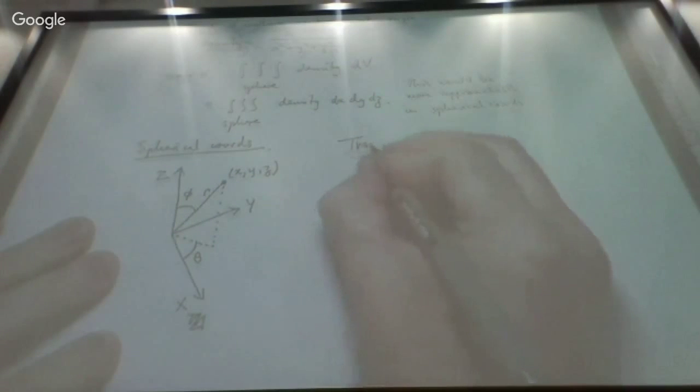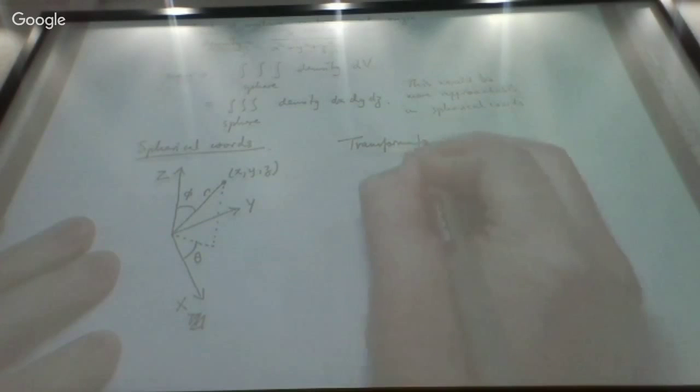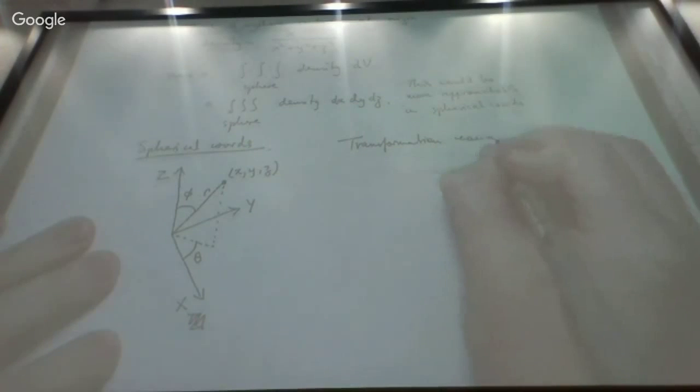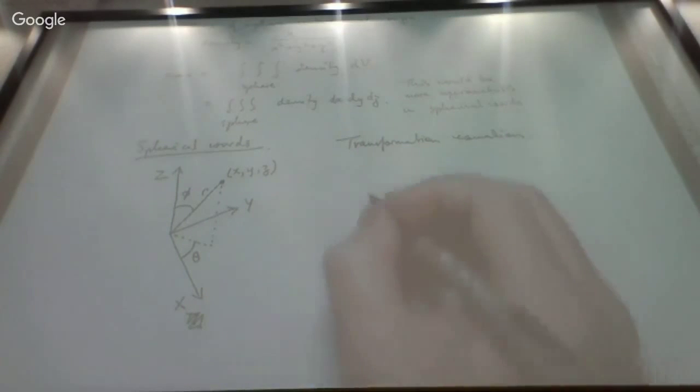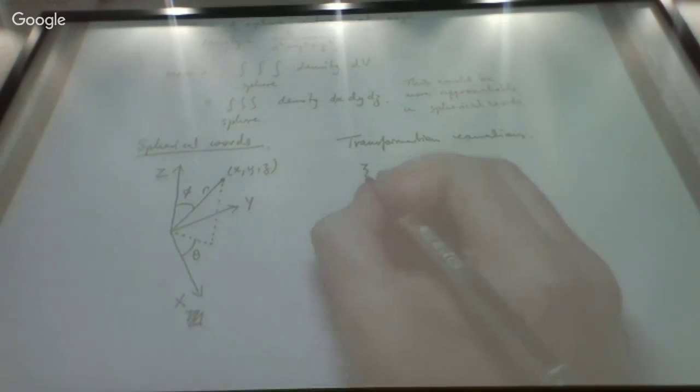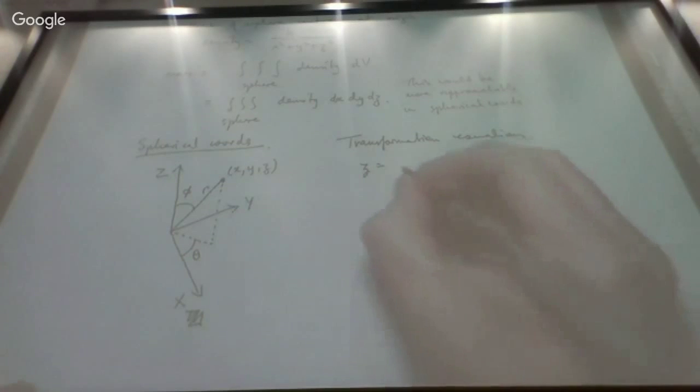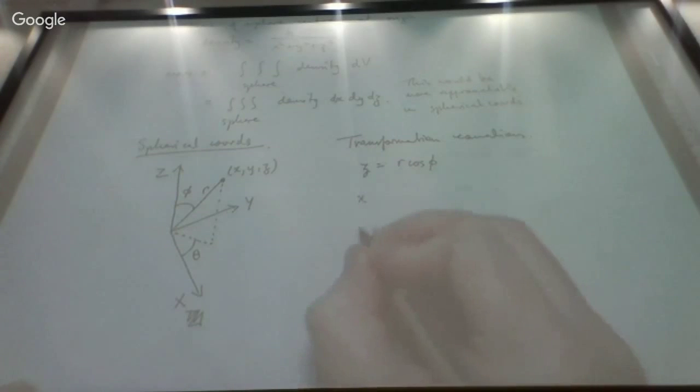Okay. So the transformation equations for these, which we'll need to work out the Jacobian. The z coordinate is the most straightforward. That's equal to r cosine of phi. Now the x and y coordinates, the quantity r sine of phi. You get all these transformation equations by examining the triangles in the picture.